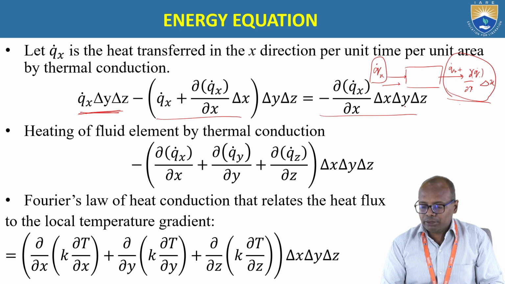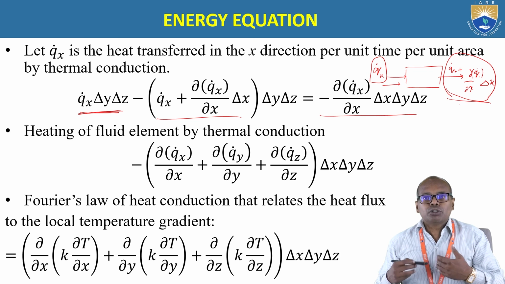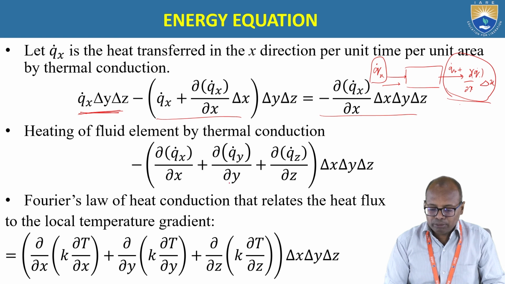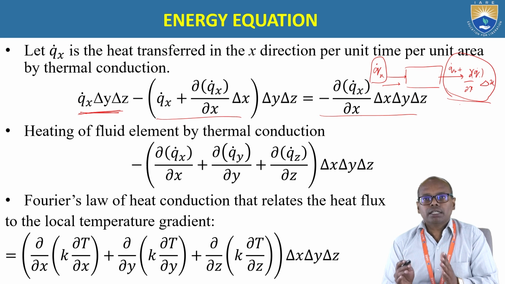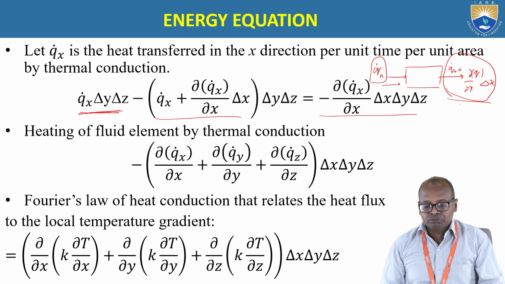So it is given by minus dou by dou x of q dot x into delta x into delta y into delta z. Similarly, if I do analysis in y direction and z direction, I will get dou by dou y of q dot y and dou by dou z of q dot z. So this is the net heat added or net heat conducted in the three directions into the element.